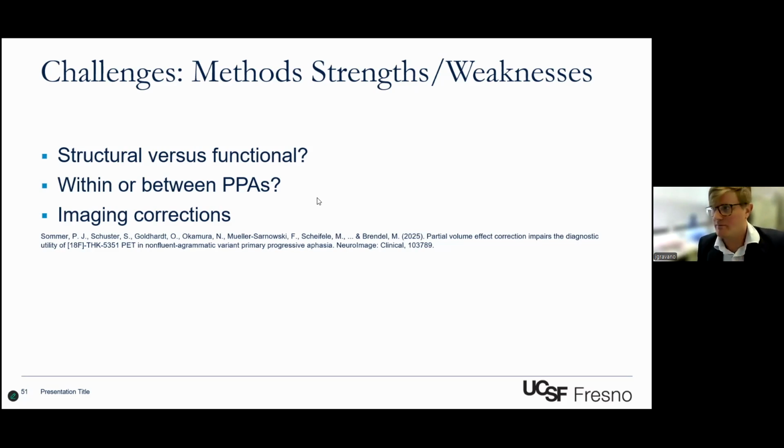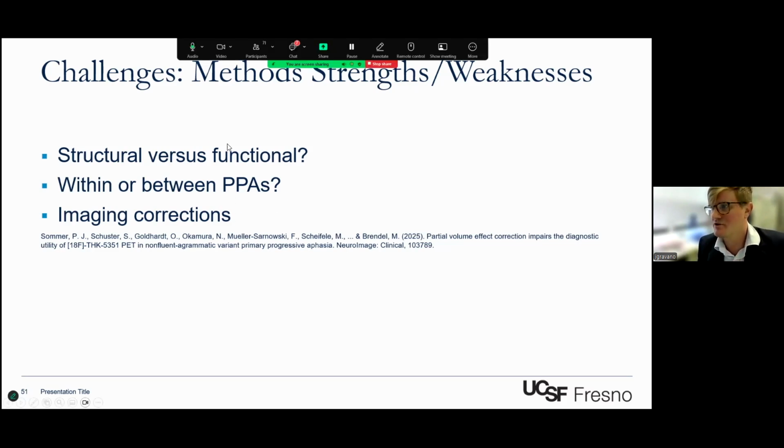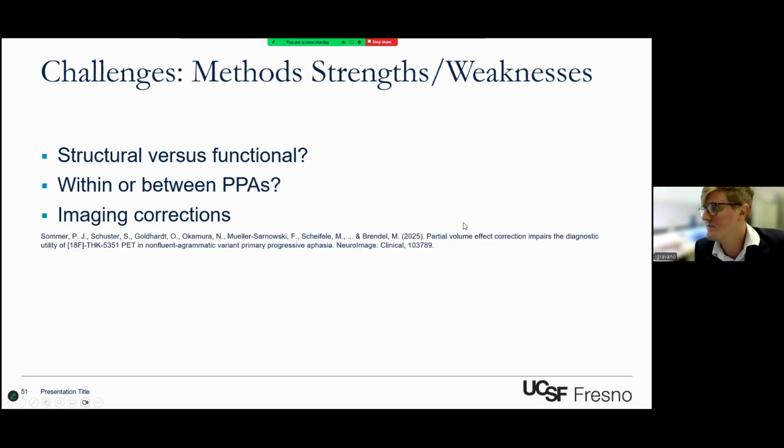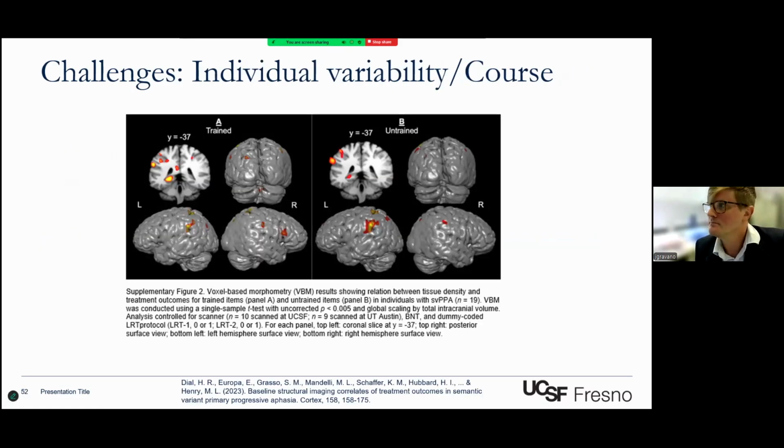And then, obviously, like some of the structural versus functional stuff, there is literature on what might make you more sensitive or less sensitive to change. And so there's things, including partial volume effects and the corrections thereof that make it harder to see, clinical imaging. All right.